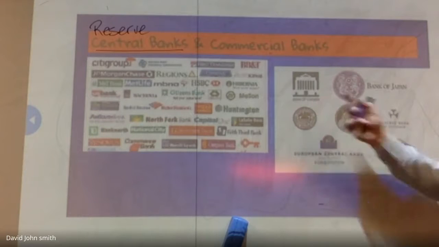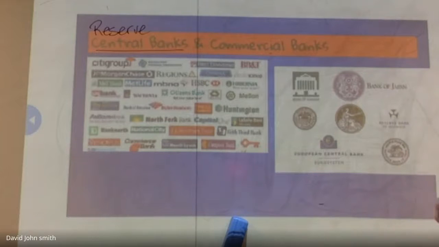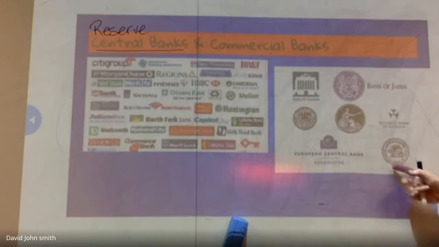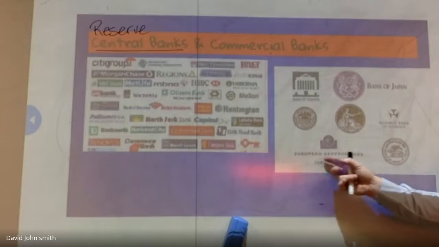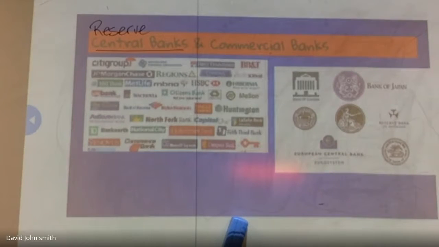The Bank of Canada, the Bank of Japan, the Reserve Bank of Australia, there's that Reserve Bank title, the Reserve Bank of India, the European Central Bank. Whole lot of words, sometimes people just say ECB, the European Central Bank.